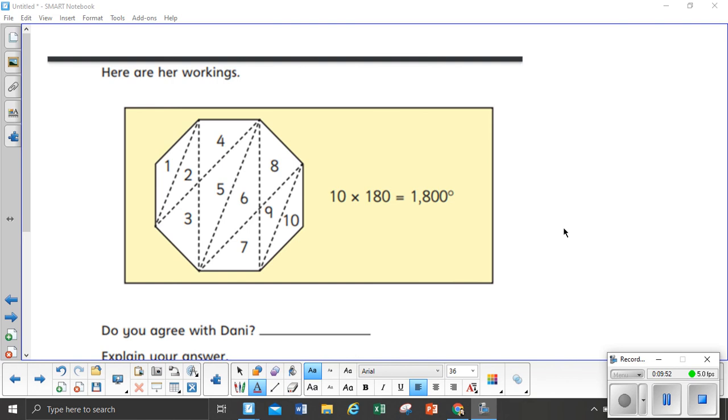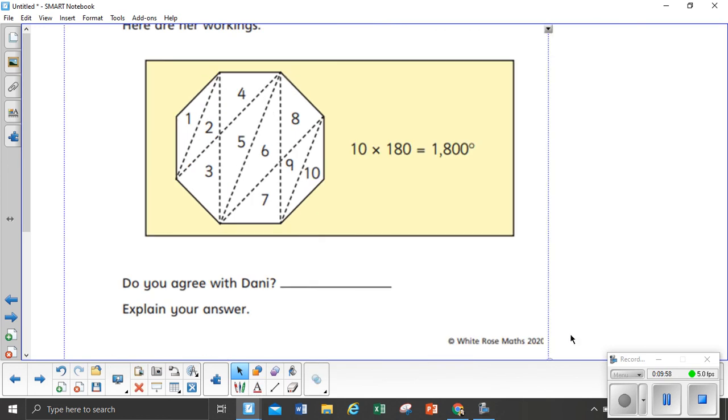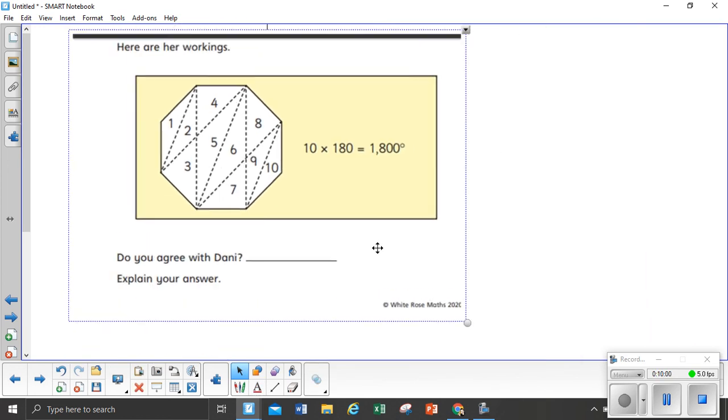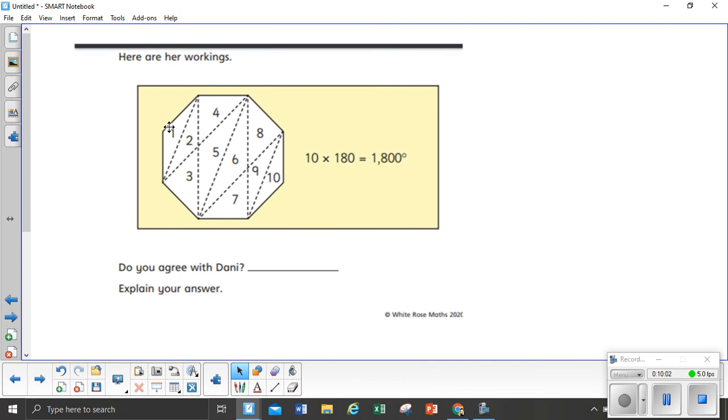Okay, so Danny's done some working out here. And it says, do you agree with Danny, explain your answer. So she's got this shape, she's tried to work out triangles all over the place. But my first step is going to be to count how many sides my shape actually has.